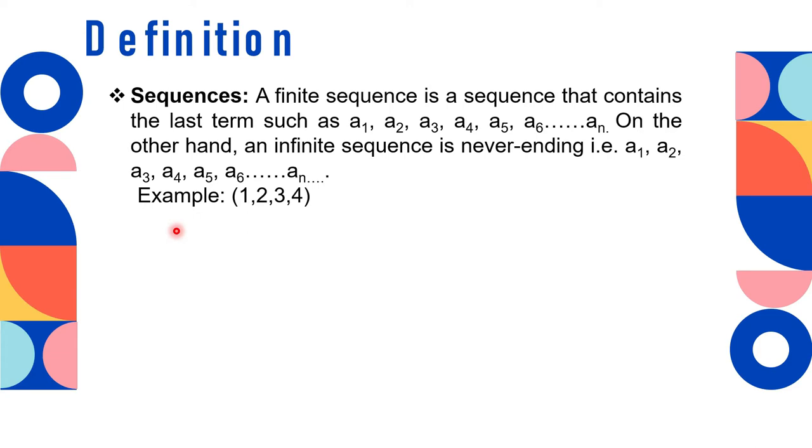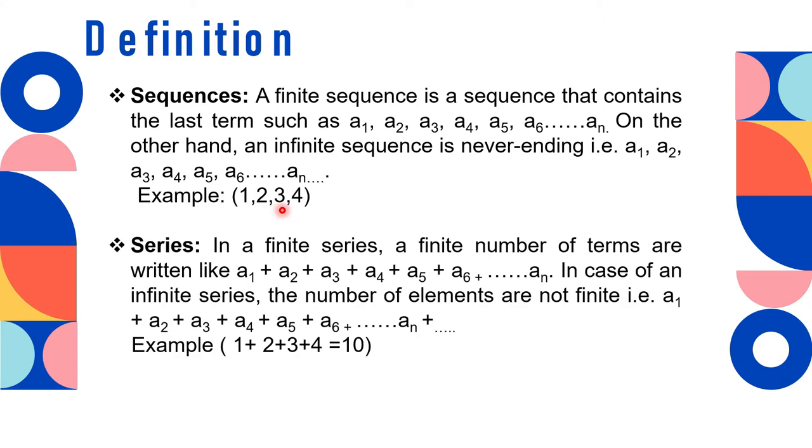For example, 1, 2, 3, and 4. And what is a series? A finite series has a finite number of terms, written like A1 plus A2 plus A3 plus A4 plus A5 plus A6, continuing up to An.